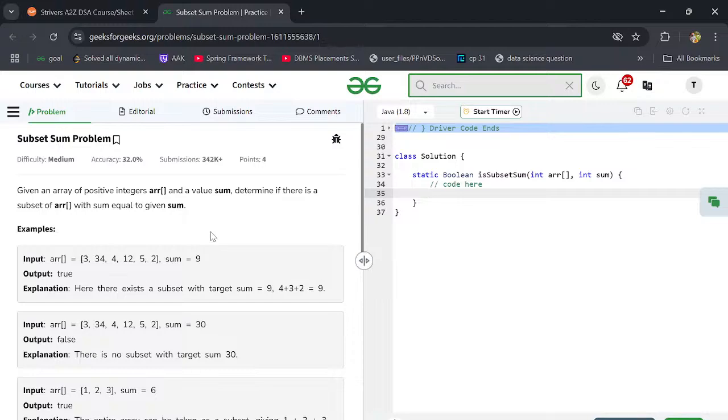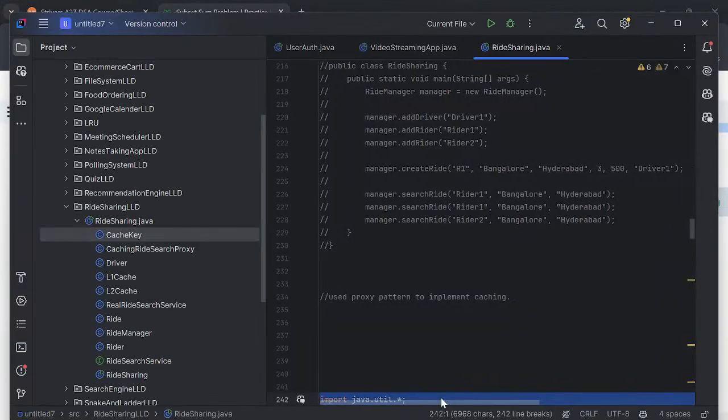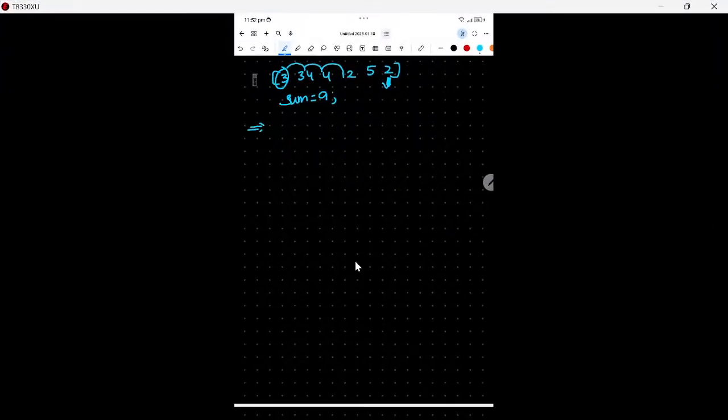For every number there are 2 options, right? Pick, not pick, pick, not pick, like this.